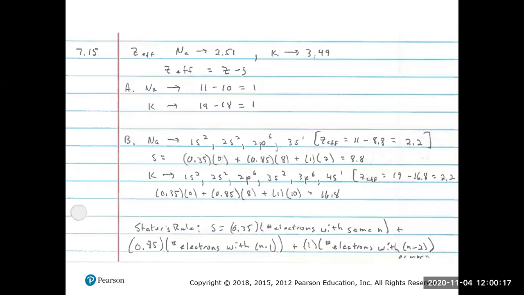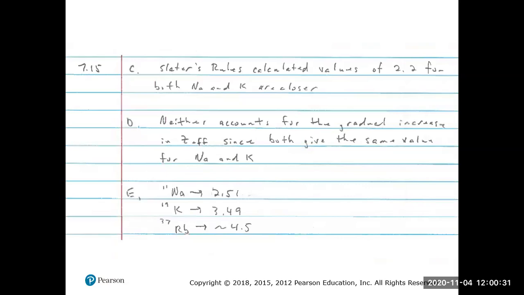That's pretty close to 2.51. Potassium, 3.49. Slater, once again, gave 2.2. Not as good of an agreement, but 2.2 is certainly closer than 1. So Slater's rules for these two atoms gave us a really good number for the sodium and a better number for the potassium.